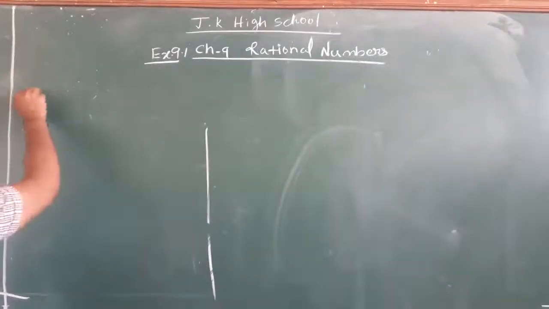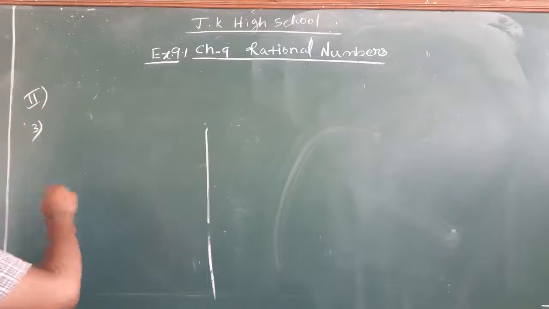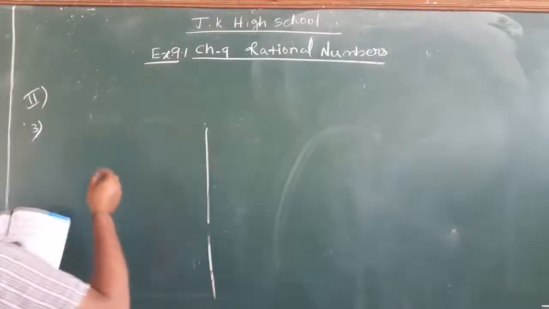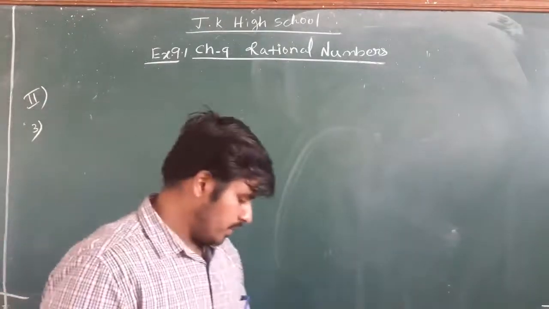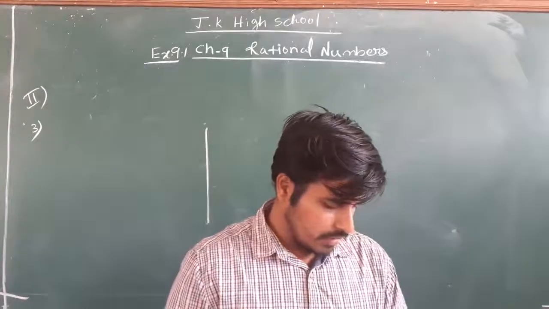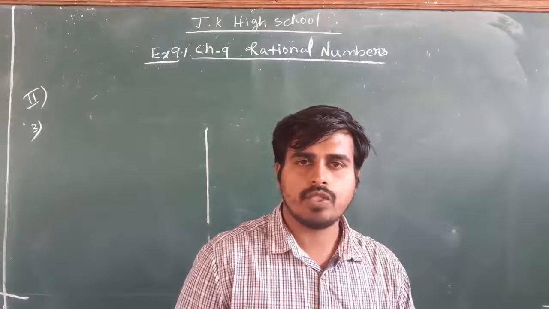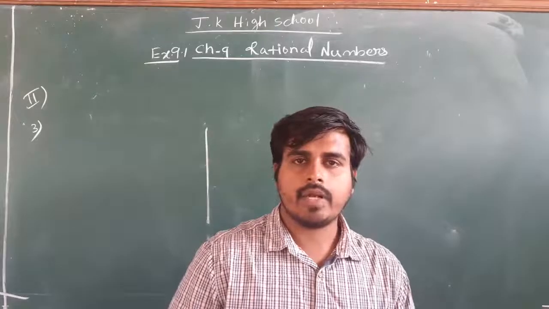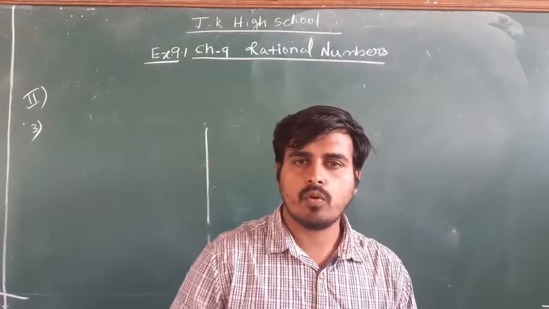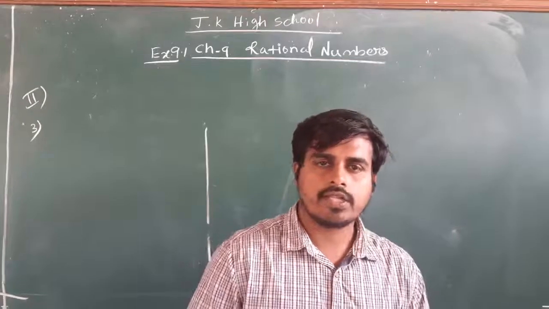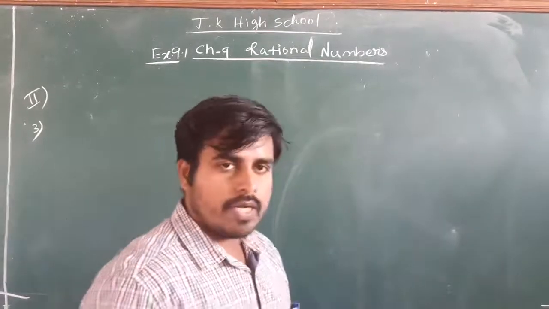The heading of the second main is: write 4 more rational numbers in each of the following patterns. First you need to understand which pattern is running there, and according to that pattern you have to write 4 more rational numbers. I will take the third and fourth.